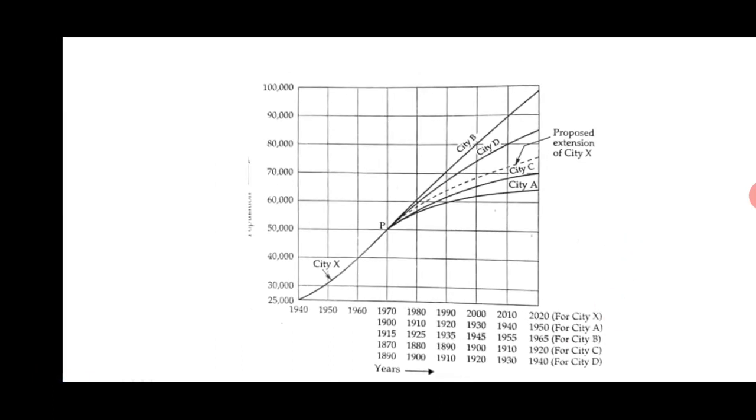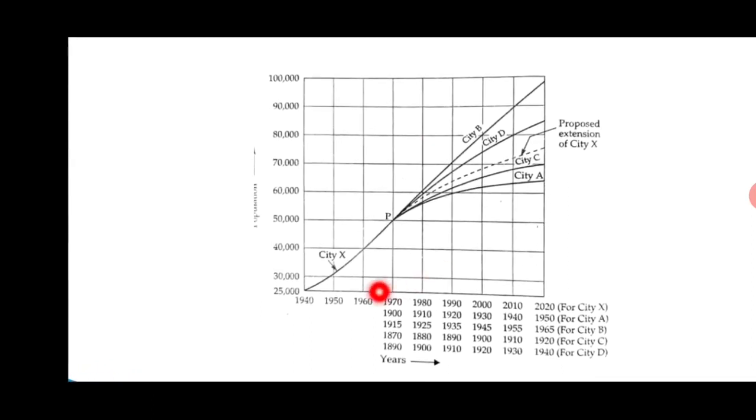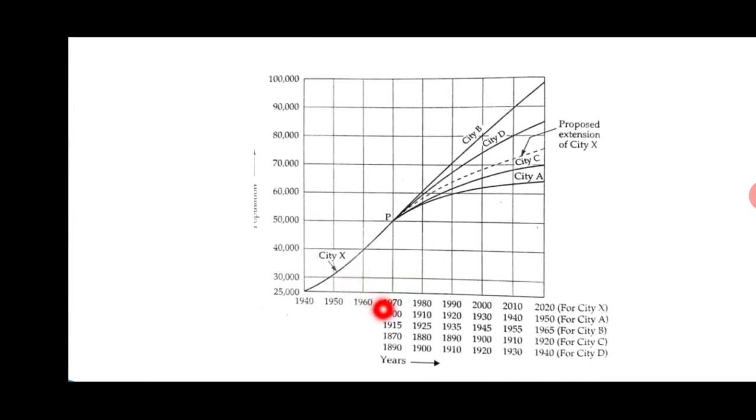For example, here we have selected some cities, that is A, B, C and D. It is found that city X has reached the population of 50,000 in the year 1970, and as per the available data, city A has already reached the population of 50,000 in the year 1900.